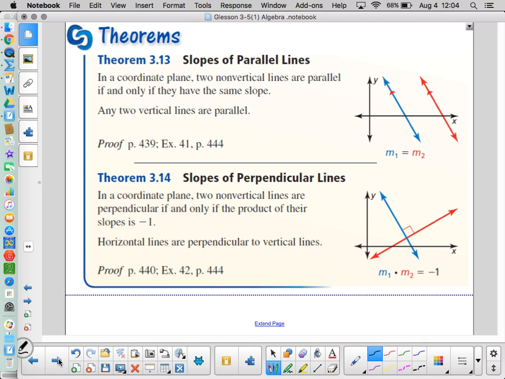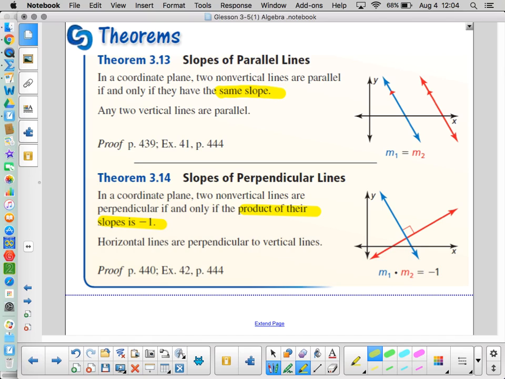So how do we use it in geometry? Well, very simply, if two lines have the same slope, they're parallel. So critical value here, same slope, parallel lines, very simple. Two non-vertical lines are perpendicular if and only if the product of their slopes is -1.